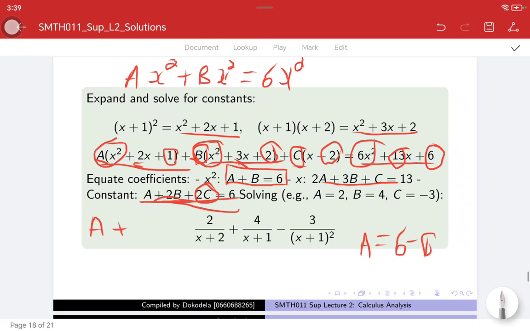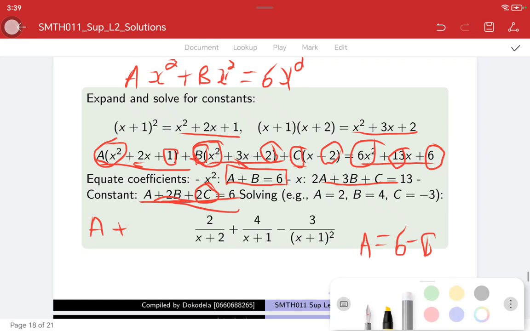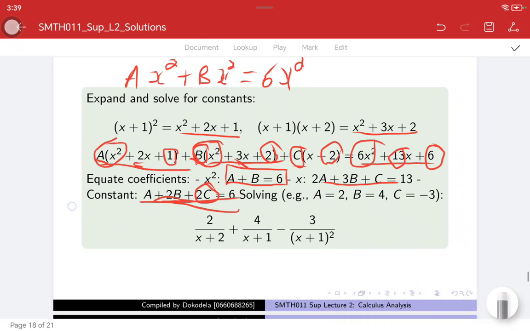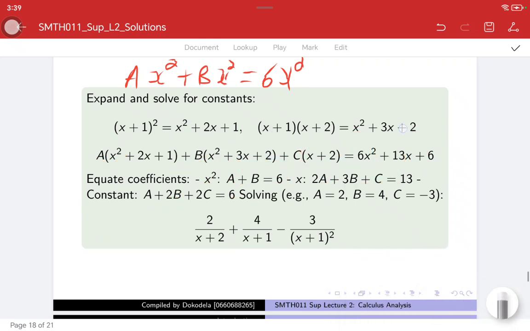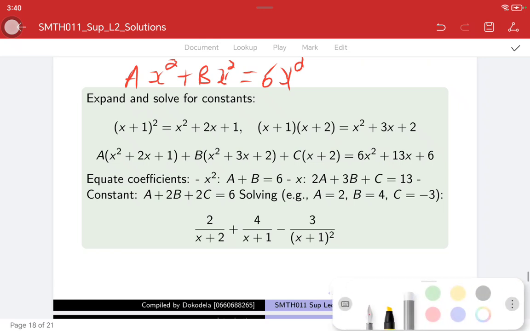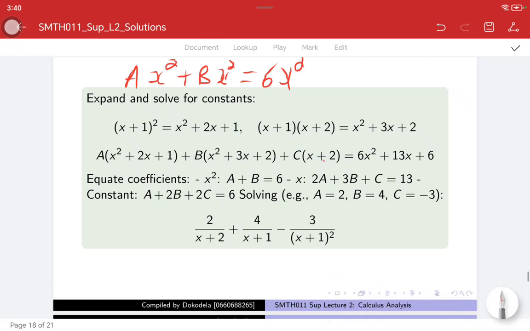So when I plug it on the first one, let's say I do this. Let's find the n of this, right? We know that a is equal to 6 minus b, so I'm just gonna plug it there so that we can see what we get. So if I plug a there, this will be 6 minus b.